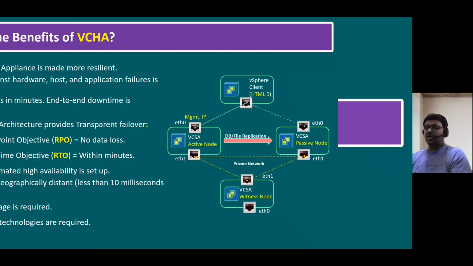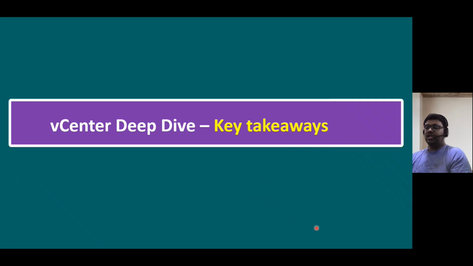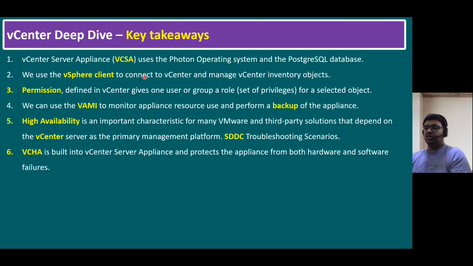Okay. So finally, what are the vCenter deep dive key takeaways? Today we focused on the fact that the vCenter server uses the Photon operating system and PostgreSQL database. This point we covered in our previous session, and we use the vSphere client to connect to vCenter and manage vCenter inventory objects. This point we are also aware of, and we require some specific permission account, like an application user, a separate account we have to create in Active Directory, and similarly the same Active Directory account we have to provide permissions to at the vCenter level.